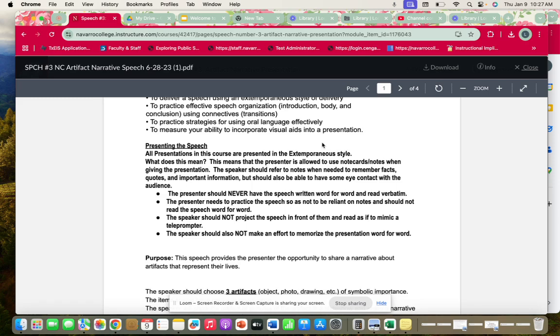Are your thoughts coming to you quickly? Are you using a lot of filler words because you're unsure of what you plan to say? Think about your volume. Does your voice indicate that you're timid and unsure of what you plan to say, or are you speaking confidently? This is also measuring your ability to incorporate visual aids into your presentation.